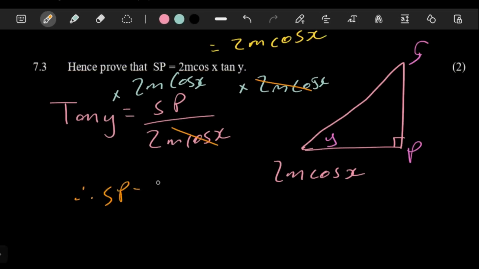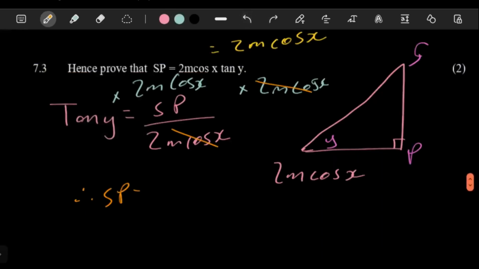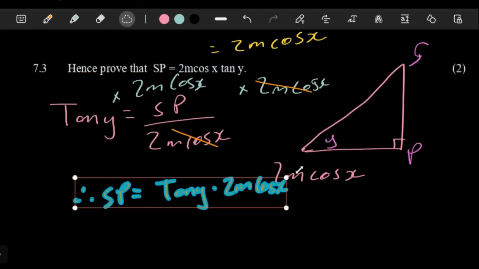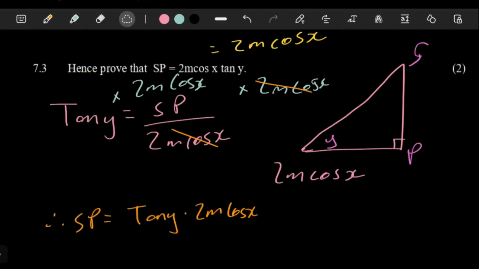Therefore, SP is tan y times 2m cos x. So this is what you then get. It is all good.